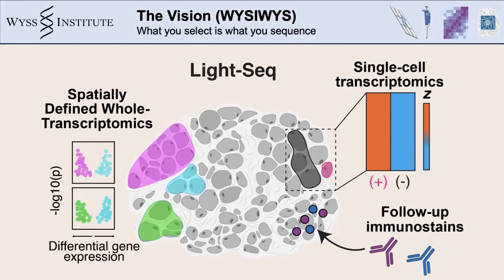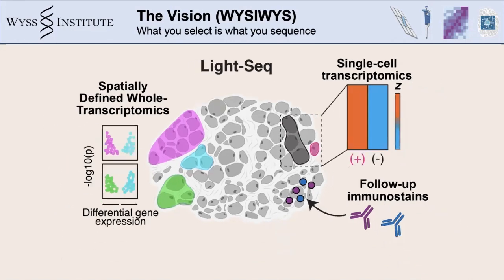So in addition to targeting whole regions of the tissue for next generation sequencing or differential gene expression, you could potentially shrink the size of your ROI down to a single cell for single cell transcriptomics, which I'll talk about a little bit later. In addition, because light is generally non-destructive to the sample, you can follow it up with some immunostains or some other downstream assay that you're interested in.